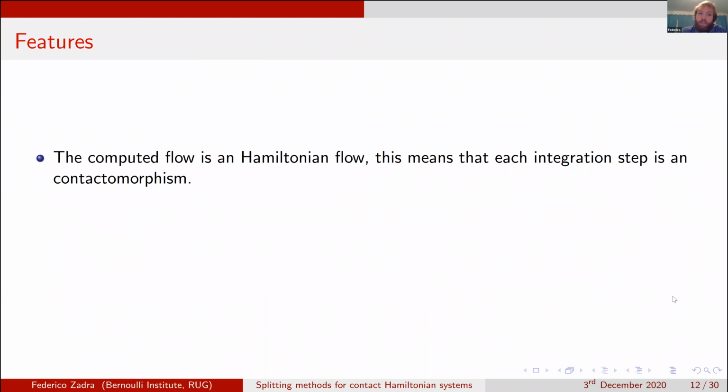Which are the features? We have a composition of exponential maps that are Hamiltonian. That means that from the Baker-Campbell-Hausdorff formula, our integrator is also a Hamiltonian flow.